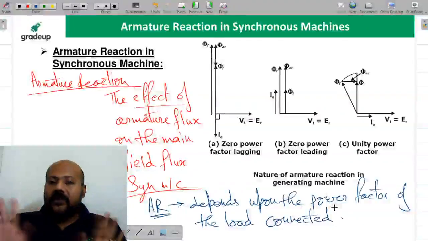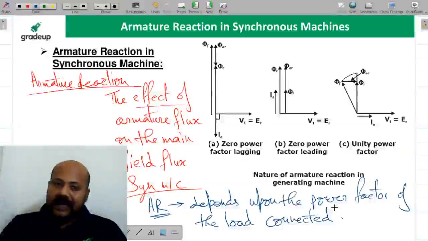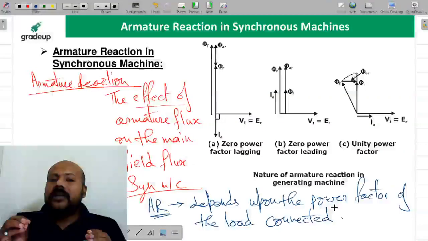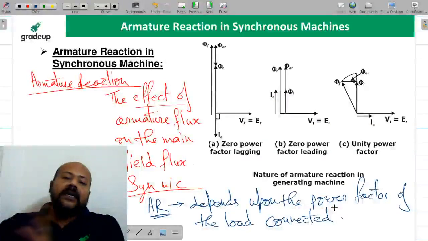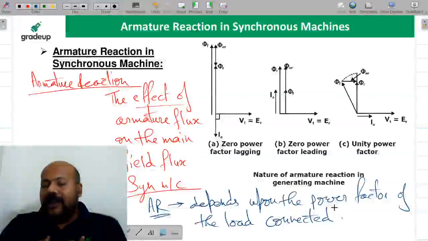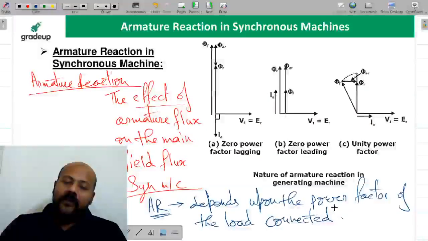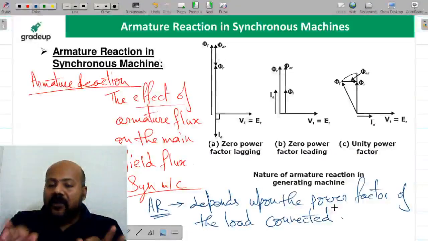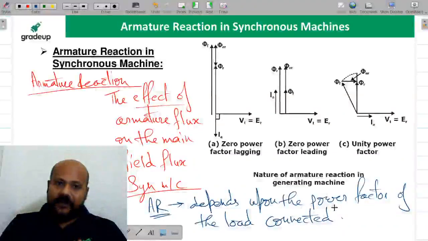Till now if you understood this, then I am going to tell you one very important point. If the armature reaction depends upon different load conditions in terms of power factor, and somebody asks you what is the nature of armature reaction in a synchronous machine, what you are going to do? You will see the effect or the nature of armature reaction for the extreme conditions.